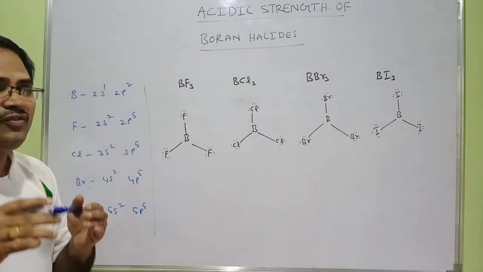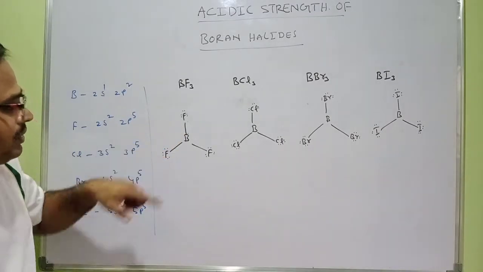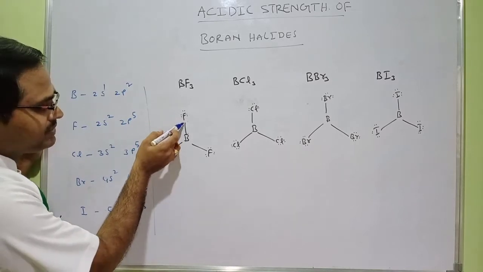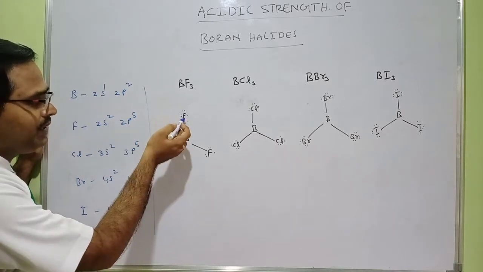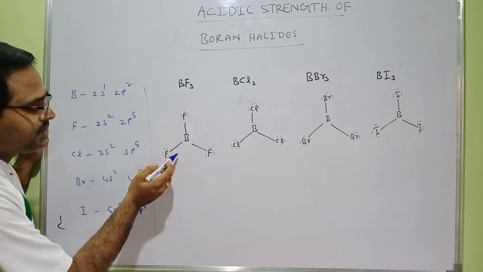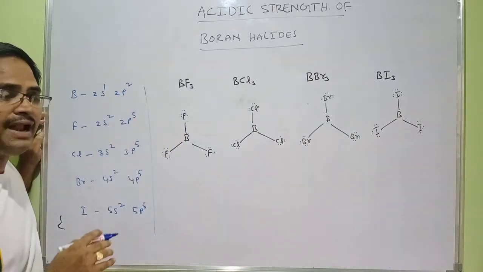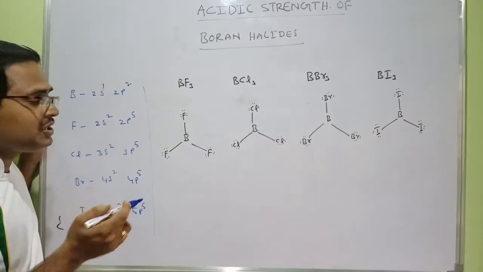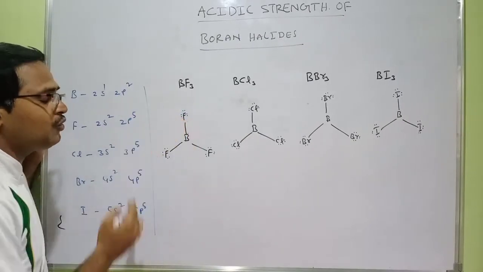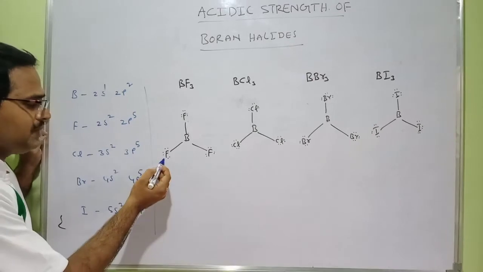The single electron participates in forming one bond like this, and the remaining 6 electrons will be like 3 lone pairs. Here also the same thing.